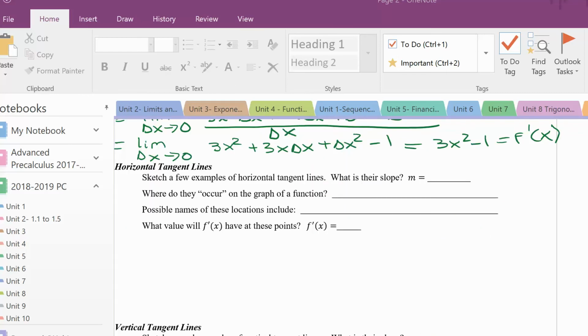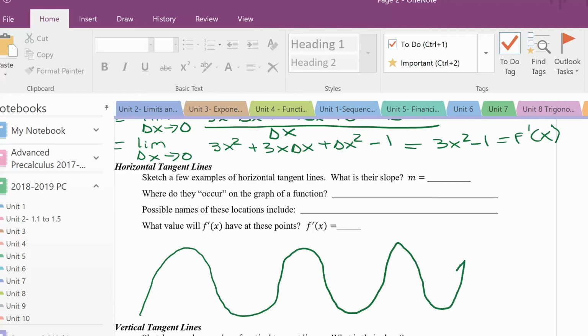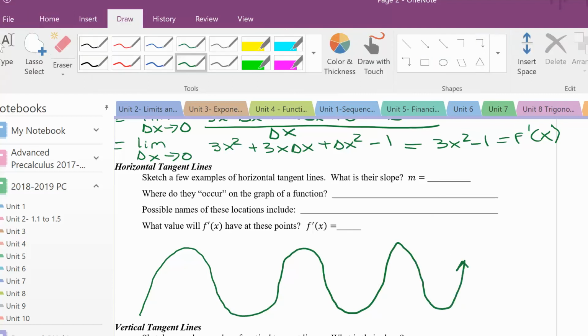All right, so horizontal tangent lines. So if you had a curve, kind of like a wave here, notice you would have some horizontal tangent lines at the top or the bottom of each curve. Those would be horizontal tangent lines.